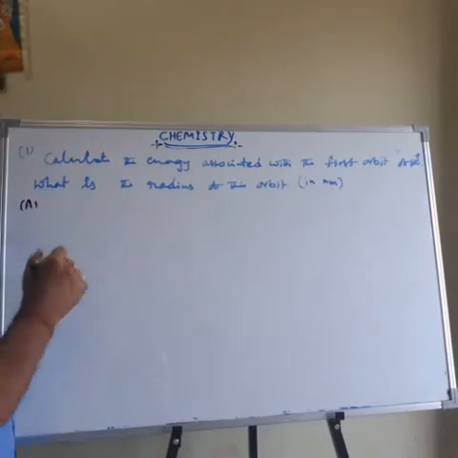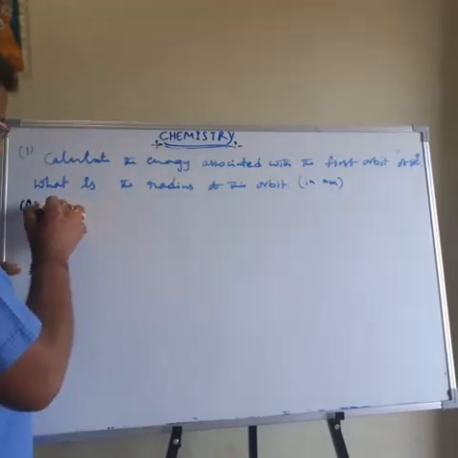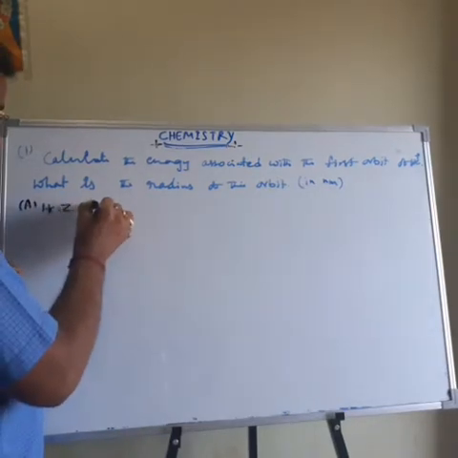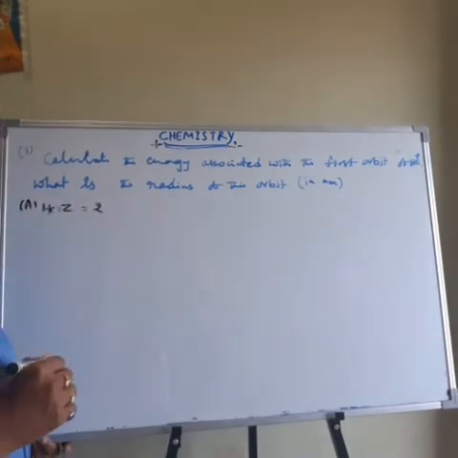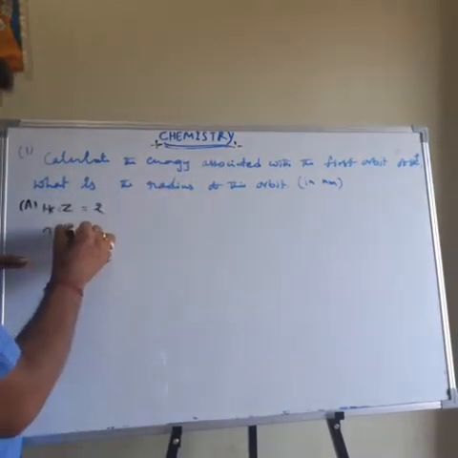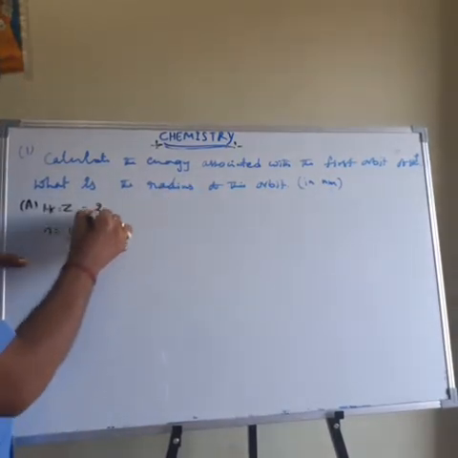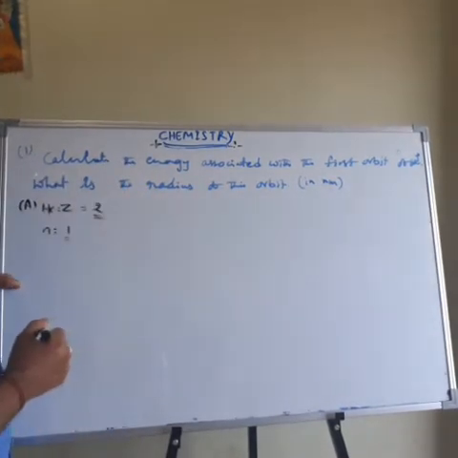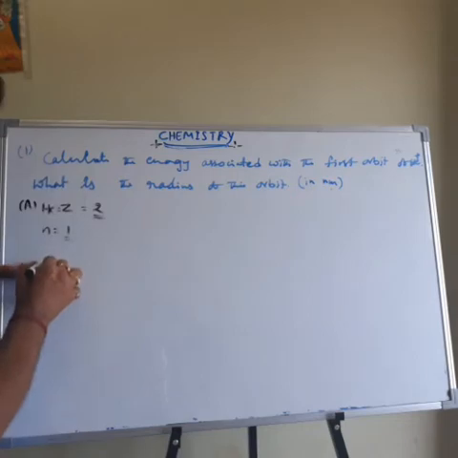Here, what do we know? They have given helium. Helium atomic number Z is equal to 2. First orbit, so n value is equal to 1. N value is 1, atomic number is 2. So first we have to find out the energy of electron in the helium ion.